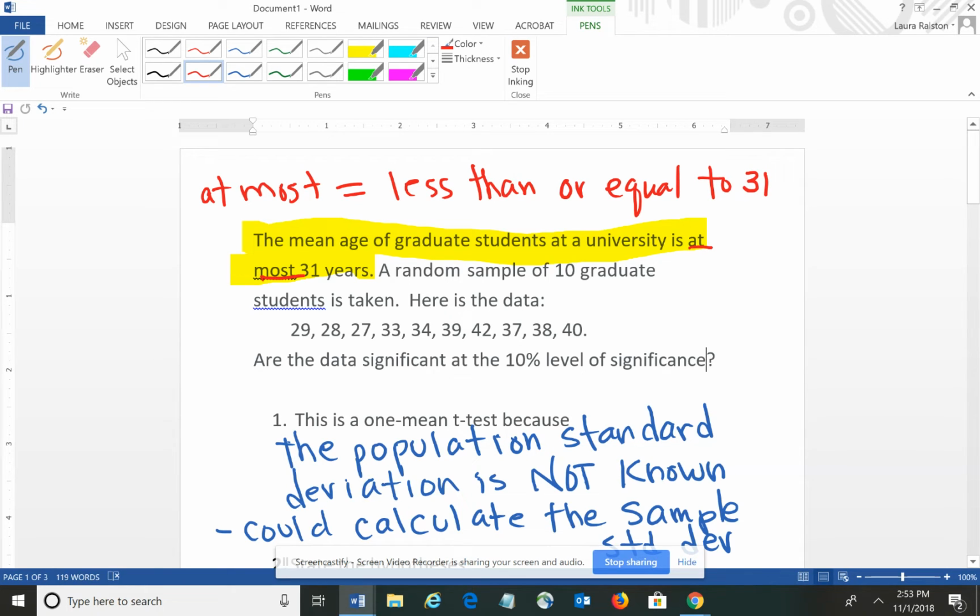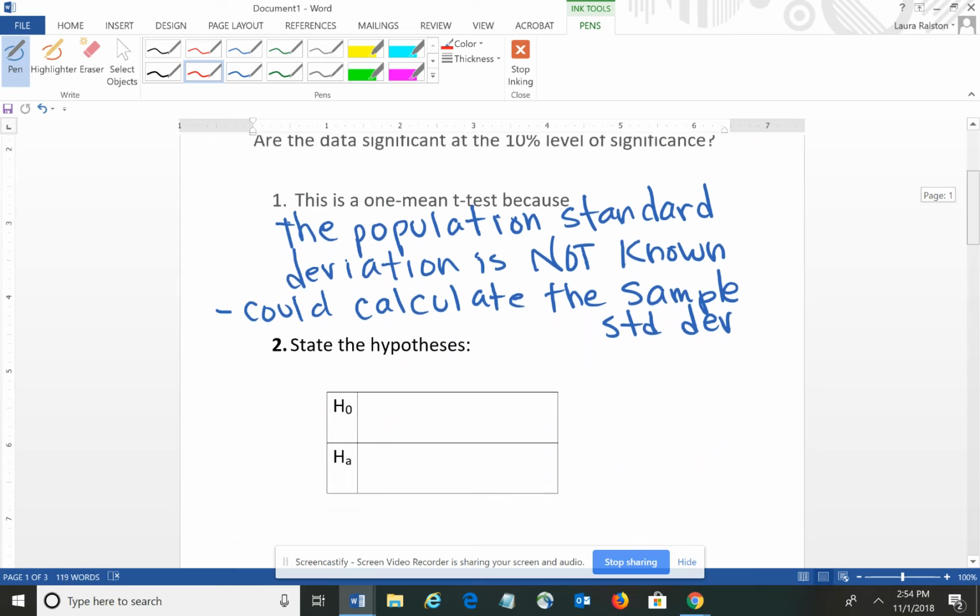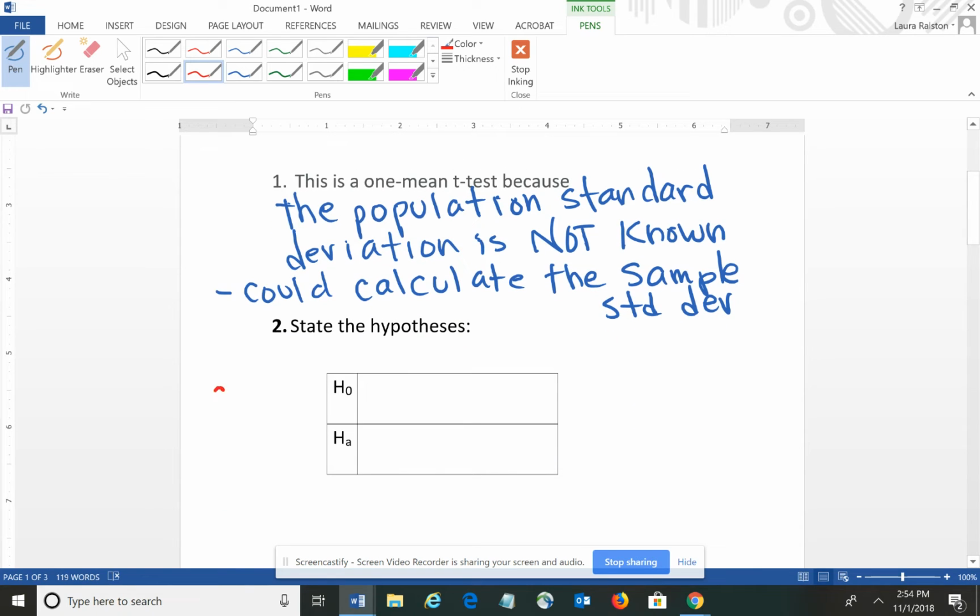So hopefully that makes you think of the symbol less than or equal to, so that statement is actually your null hypothesis. And we're going to say the mean is less than or equal to 31 or at most 31. The alternative is the exact opposite, so it's going to be that the mean is greater than 31.